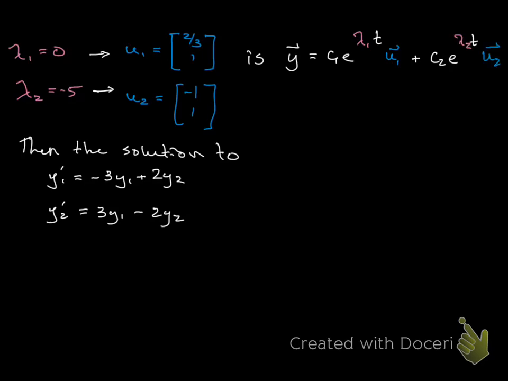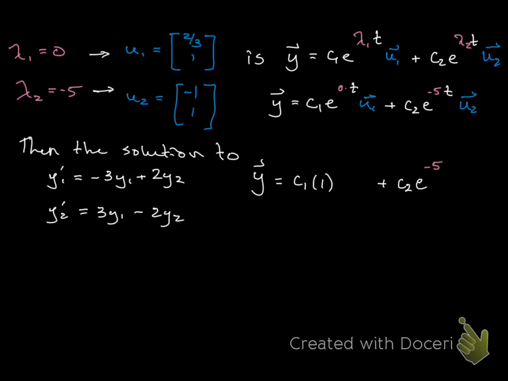Okay, so I'm really just going to plug and play here, right? I know what lambda 1 and lambda 2 and u1 and u2 are, so let's plug them in. I've got them in different colors there. So 0t, minus 5t, u1 and u2 simplifies, of course, right? I have e to the 0t, which I can write as just 1, times u1 plus C2 e to the minus 5t. There's my first eigenvector, second eigenvector.